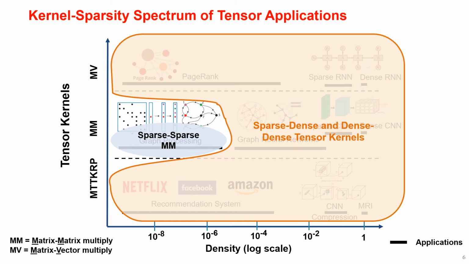Now, if we look at the spectrum of these applications, we will realize that the majority of them make use of either a sparse dense tensor kernel, where some operands are sparse and some other are dense, or a dense tensor kernel where all the operands are dense. There are few cases in which this does not hold, and those are the sparse matrix multiplication and equivalently sparse matrix vector multiplication. Thus, in Tensaurus, we will try to cover a majority of these mixed sparse dense tensor kernels.